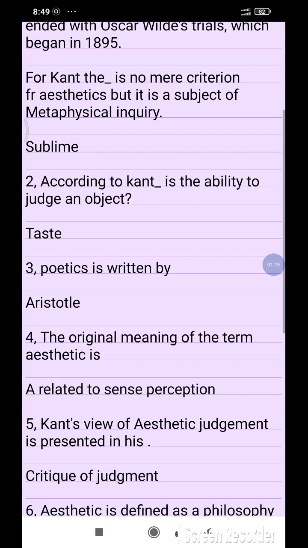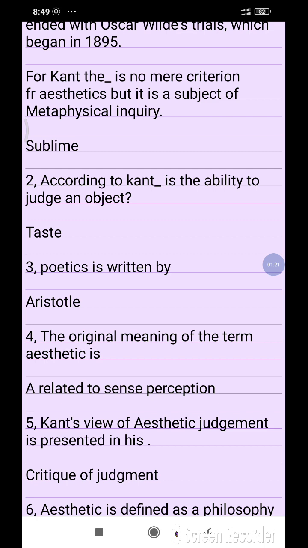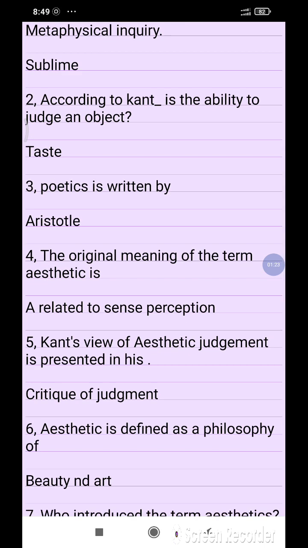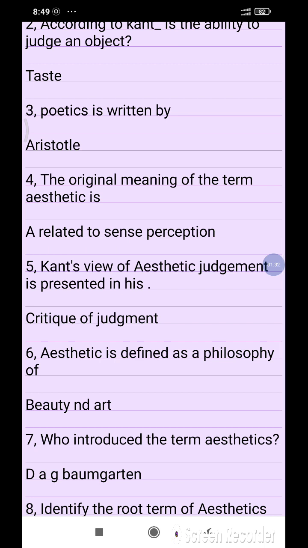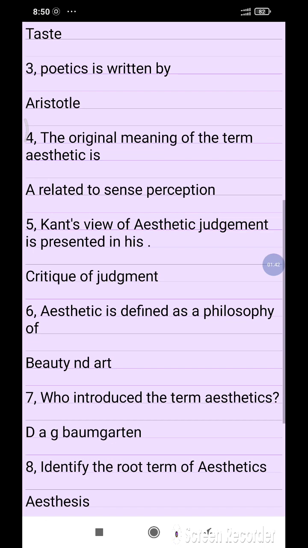Poetics is written by Aristotle. The original meaning of the term aesthetic is related to sense perceptions. Kant's view of aesthetic judgment is presented in his Critique of Judgment. Aesthetic is defined as a philosophy of beauty and art.